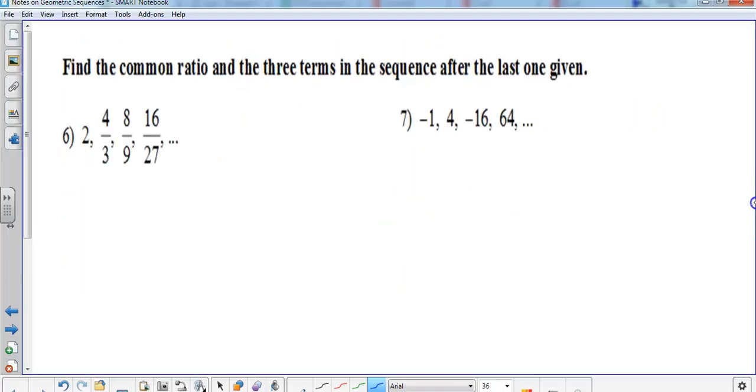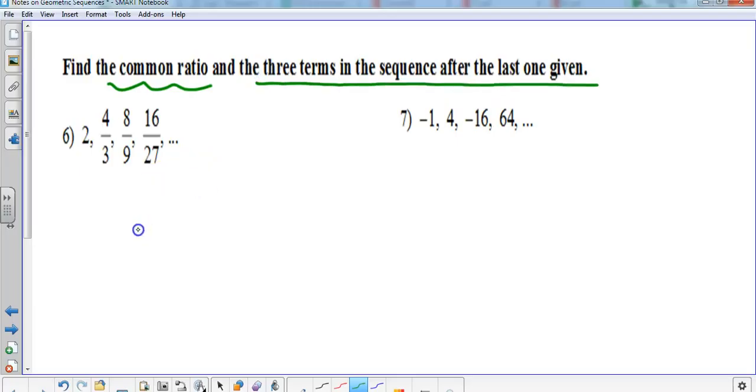All right, so this one is telling you this is a geometric sequence. Find the common ratio and the next three terms. Can you guys do those two? What are they multiplying by here?